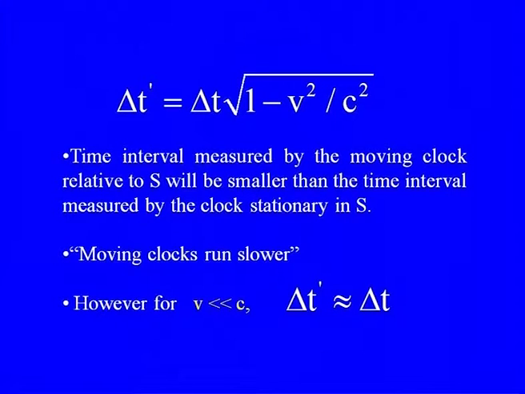However, I should remind you that if the velocity is much less than the speed of light, then you will immediately see that these two time intervals are approximately the same.